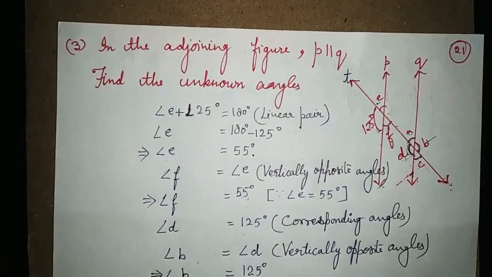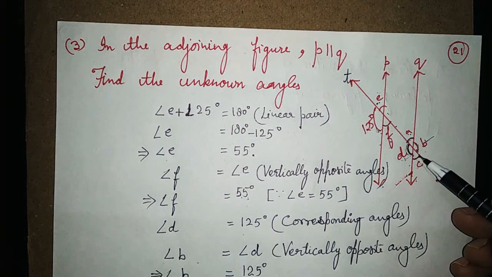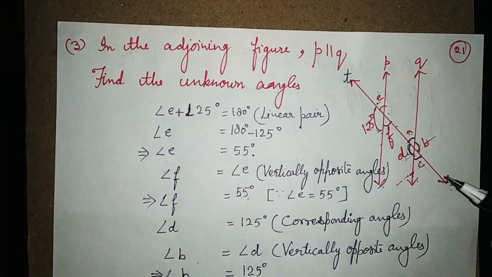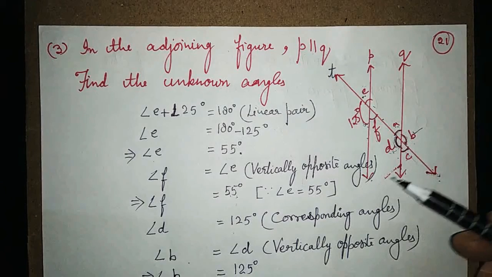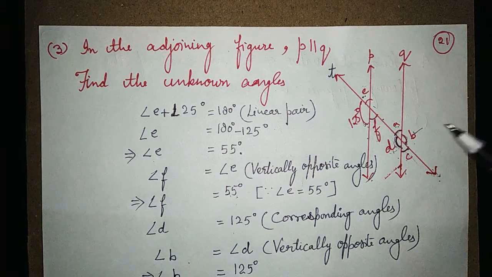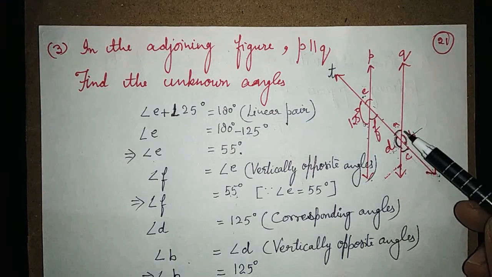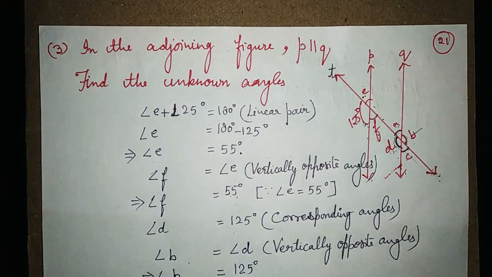So here angle A and angle C are vertically opposite angles. A we have calculated just now. Now we will find the value of C, because they are vertically opposite angles.